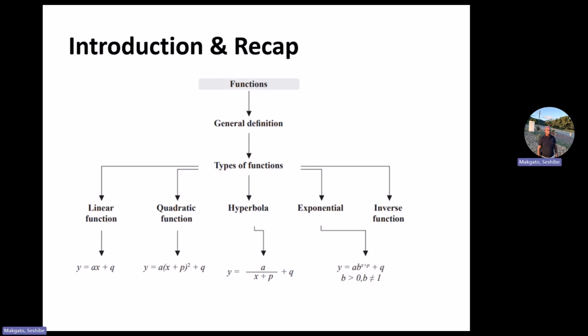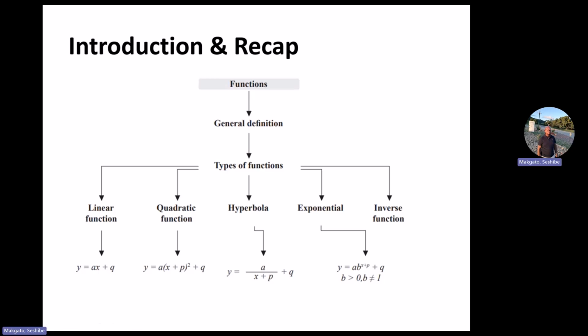There are also quadratic functions, defined by y = ax² + bx + c, or it can also be defined by y = a(x + p)² + q, where your q in this case is your y-intercept.